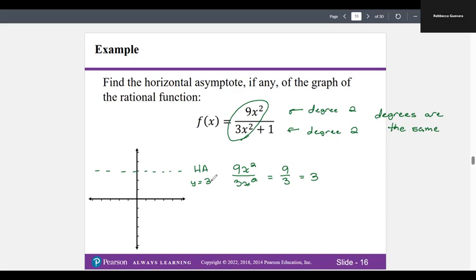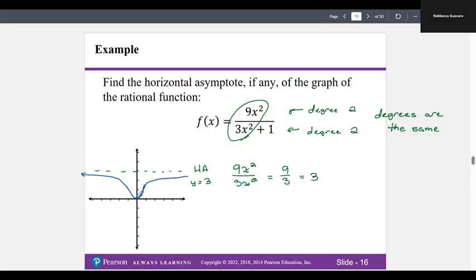This one does not have a vertical asymptote, so we don't have to worry about that. So if we looked at this, we have 9x squared over 3x squared plus 1. It's going to have a shape like this. So it comes down and it goes up like this and approaches. And then on this side, pretty much the same shape.